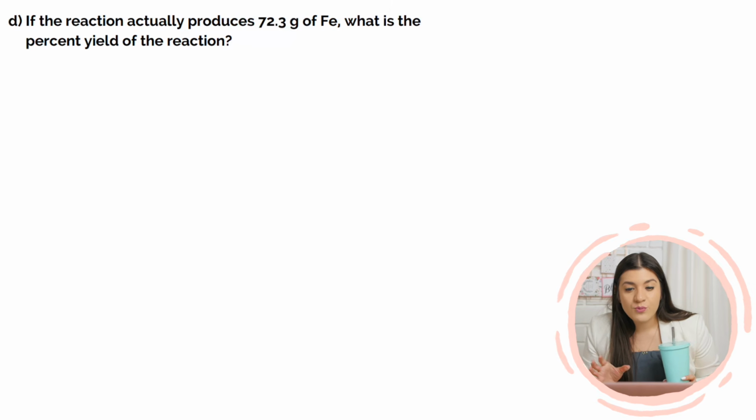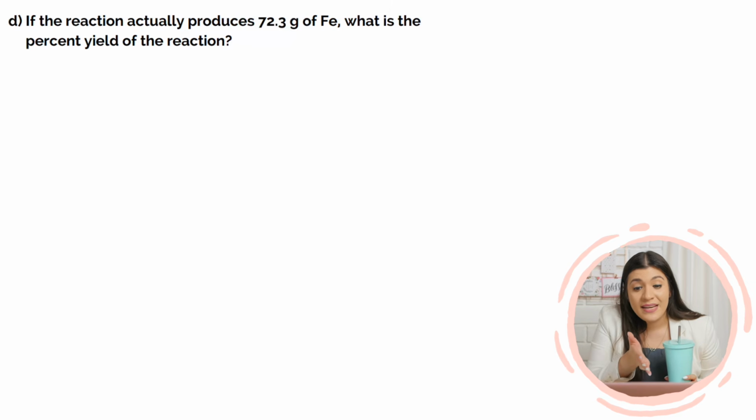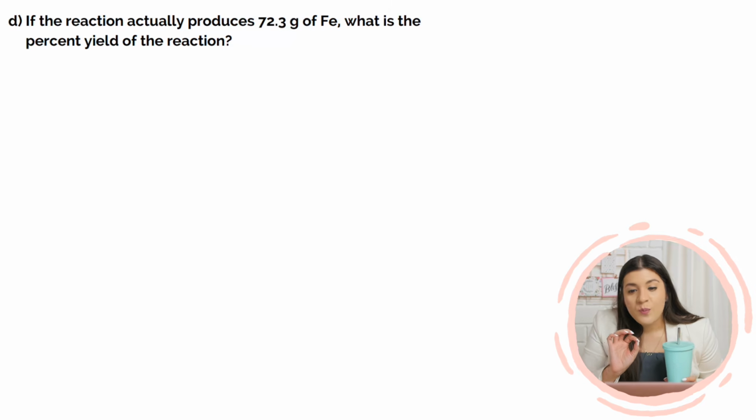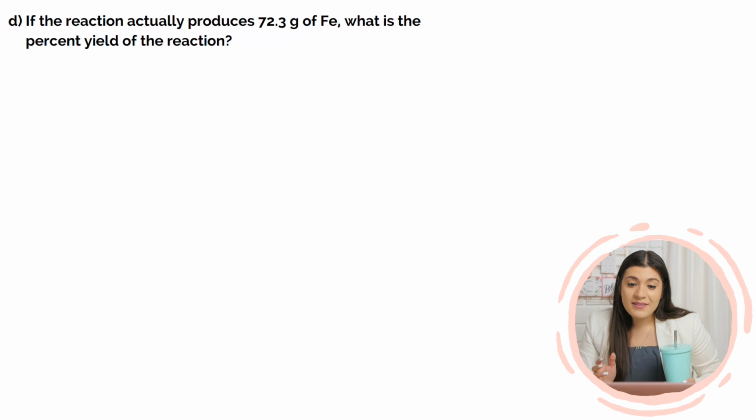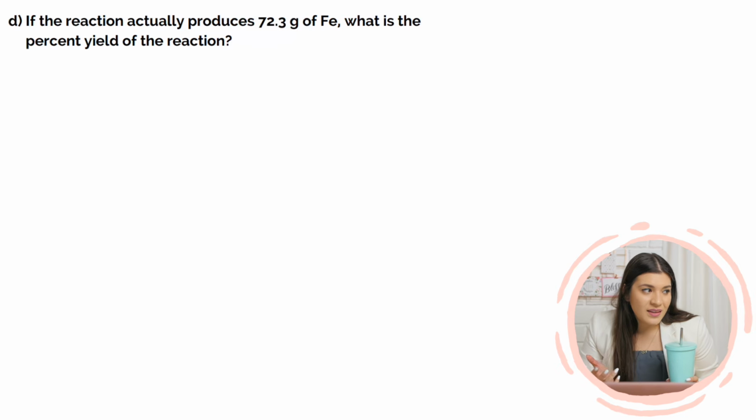So let's say the actual yield is what you make in the lab, versus your theoretical yield is what a machine would end up giving you, and it would be perfect, okay? So if you figured out that your percent yield was, I don't know, 65%, that means that you accidentally spilled something.